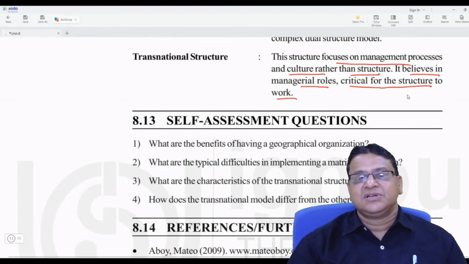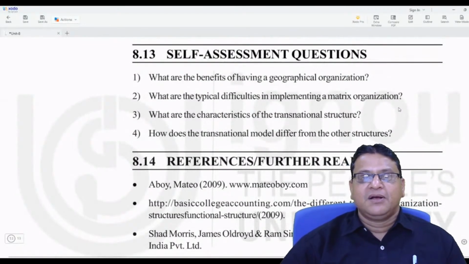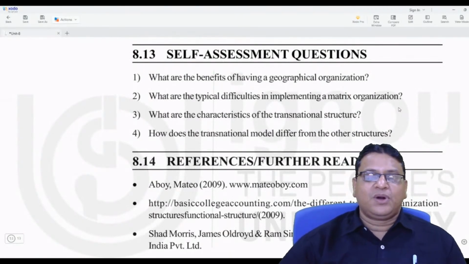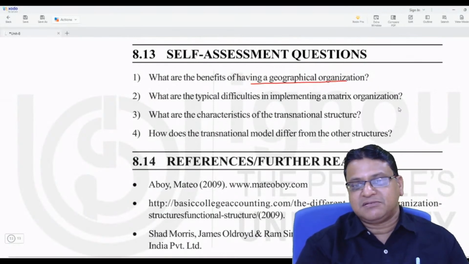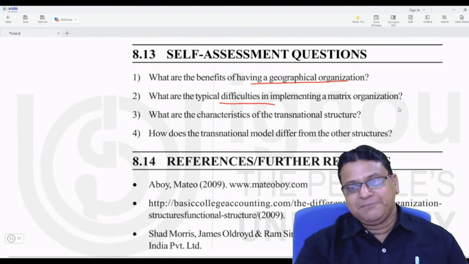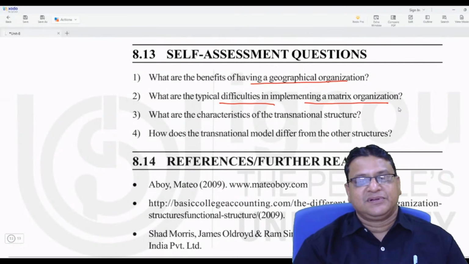Next, we will discuss certain self-assessment questions on this international organizational structure. Question number 1, what are the benefits of having a geographical organization? What are the typical difficulties in implementing a matrix organizational structure? What are the characteristics of transnational structure?